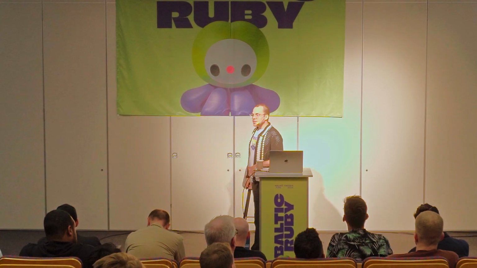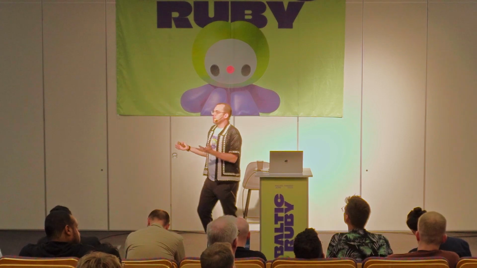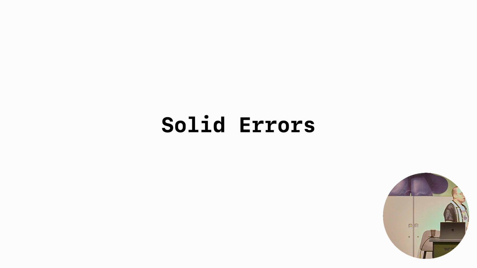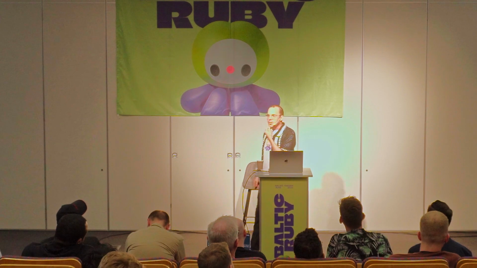Now, let's talk a little bit about Solid Errors. This is not a gem that's going to be default in Rails anytime soon, I presume. This is a gem that I wrote that expands on this basic idea. Once you do this a couple of times, I had this realization. What are we really doing here?